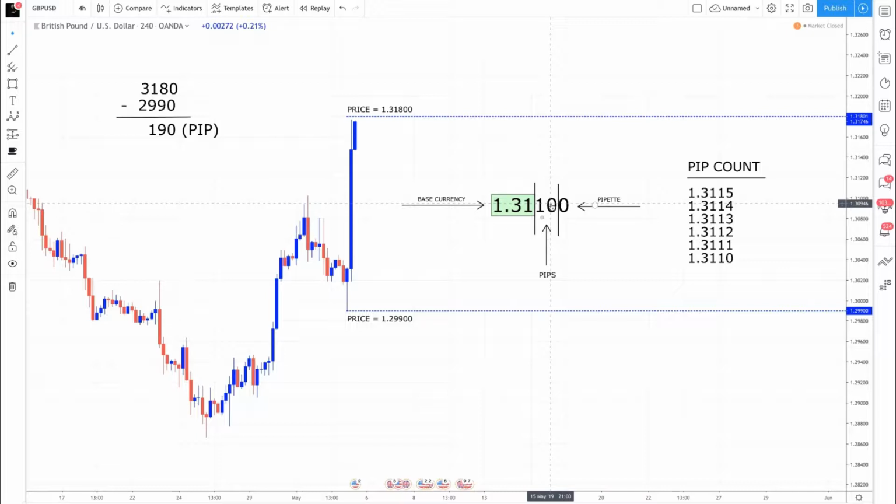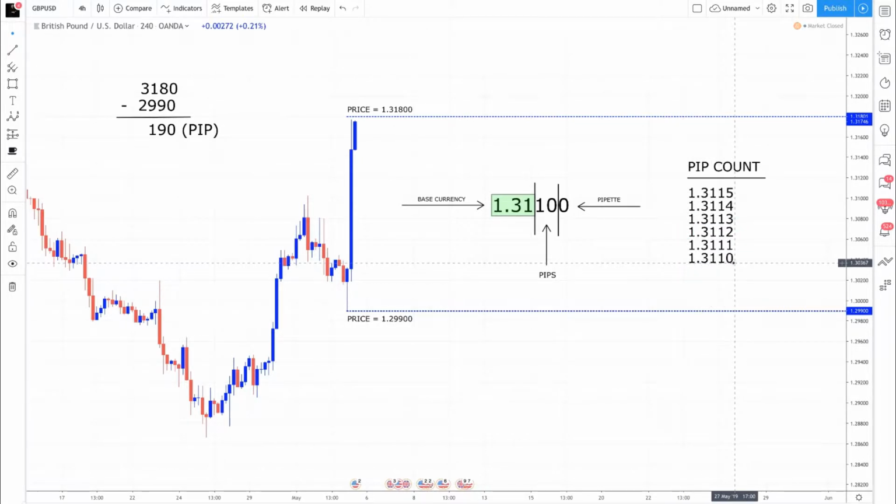Every single time this unit of measure changes by 1 decimal, the pip count is either going up or coming down. In this example, we can see that the Great British Pound to the US dollar started at 1.29900 and rose to 1.31800. Before we get into that, let's take a look at the pip count happening in between. Let's take a look at this current price of 1.3110.